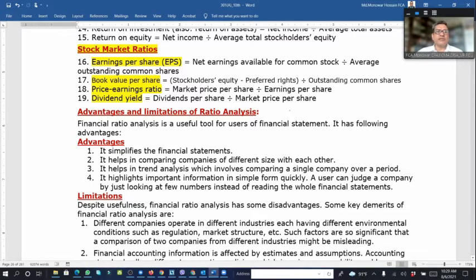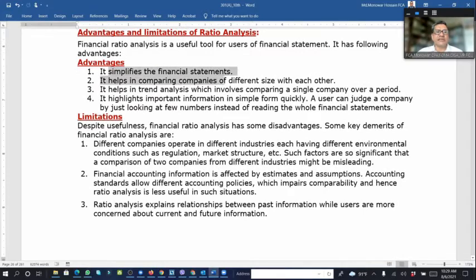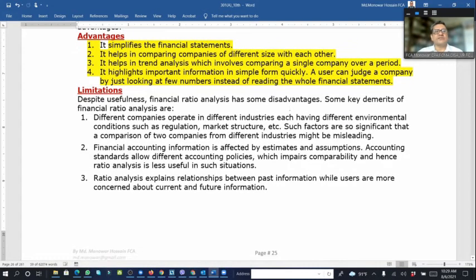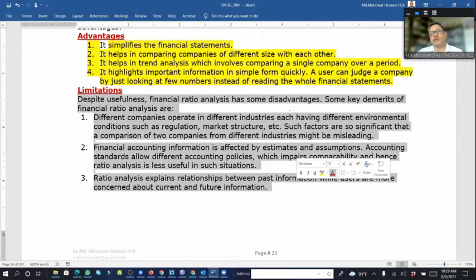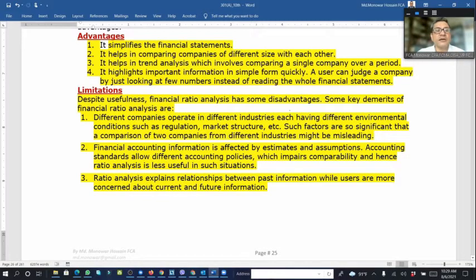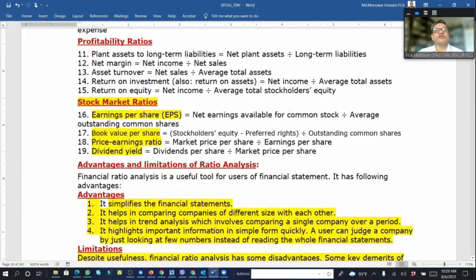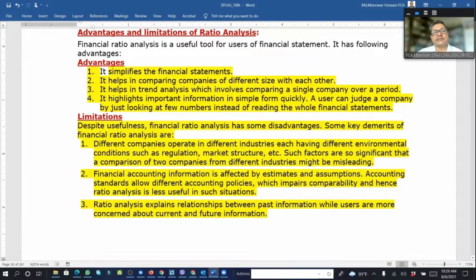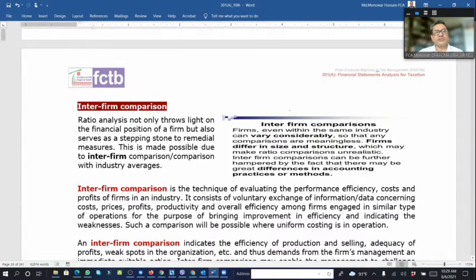So each of that type has some advantages, we can calculate quickly and take the decision, and sometimes it has some disadvantages. Different types of problems also arise if we make the decision based on the data, sometimes that decision may not be accurate. So that type of limitation also exists.